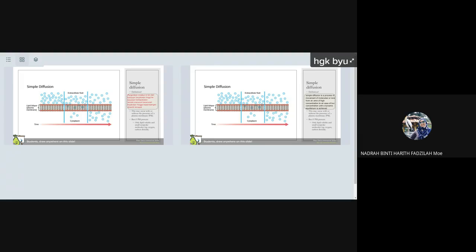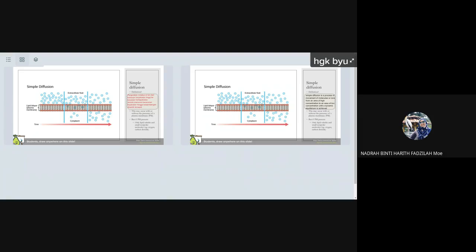So, when we spray perfume in one corner of a room, after some time, the other side of the room will smell the perfume as well. Bila kita spray perfume pada satu sudut bilik, kita dapati selepas satu jangka masa, seluruh bilik tu boleh bau perfume tersebut. So that is also a simple diffusion in action.